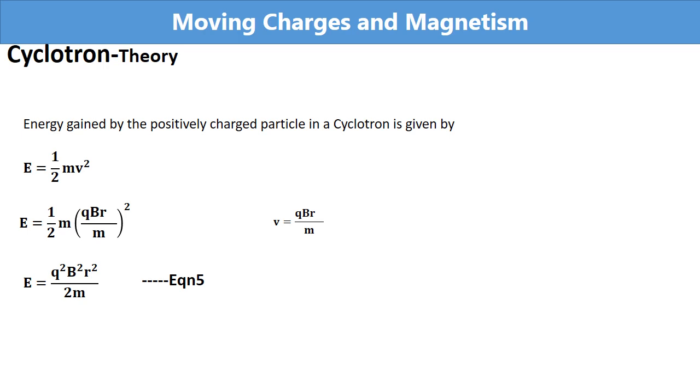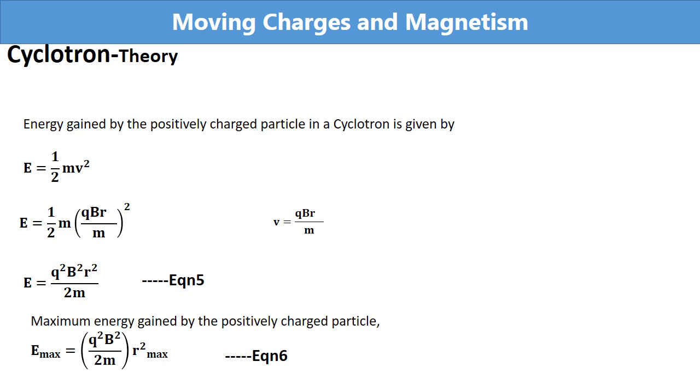In this equation, except radius, other quantities are constants. So, if radius is maximum, then energy also will be maximum. Therefore, the maximum energy gained by the positively charged particle we can write like this. Equation 6 represents the maximum energy gained by the particle in a cyclotron.